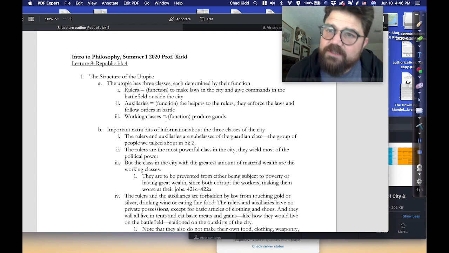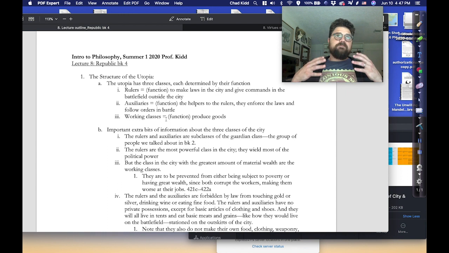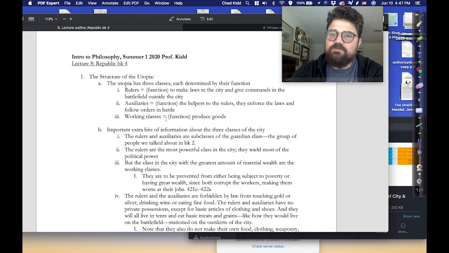So the way Glaucon does this, as you may recall, is he presents Thrasymachus's view of justice in a way that is clearer and more forceful than how Thrasymachus himself did it in Republic Book 1. So he presents a three-stage argument for this claim.